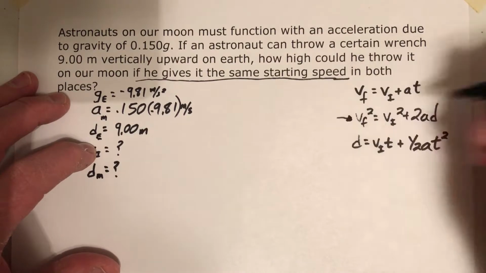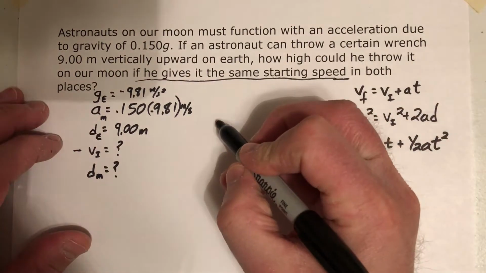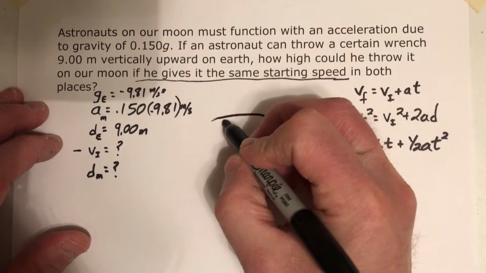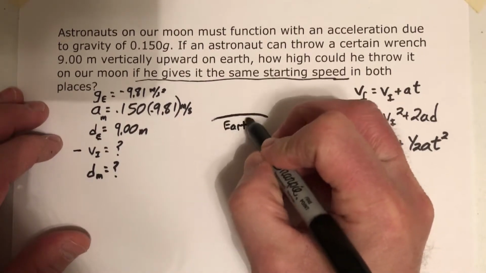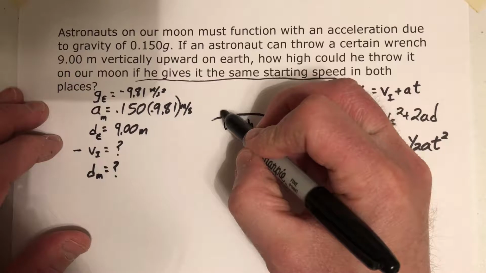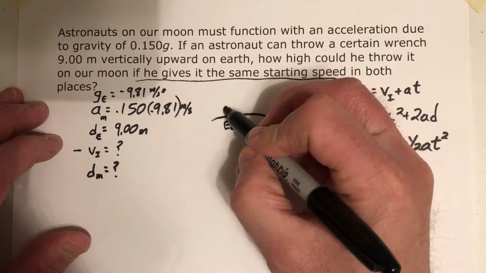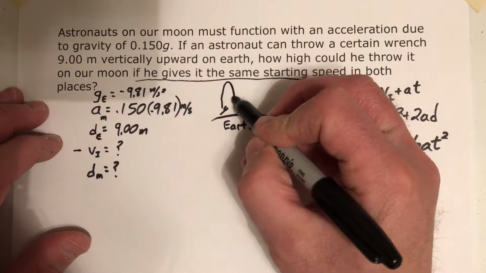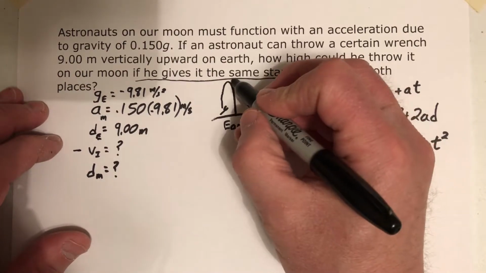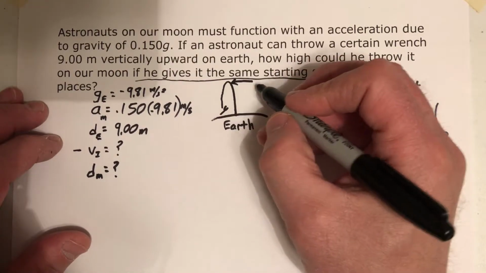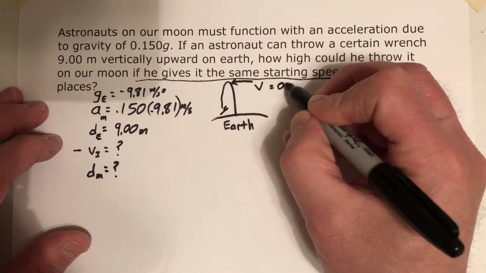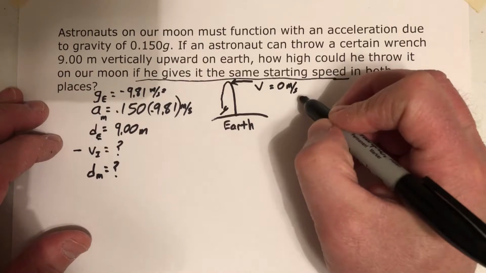And this is how I know I can use this one, because if I'm going to throw an object, in this case a wrench, here we are on the Earth, and here is my little wrench. If I throw it up, it's going to come up, and then it's going to come down. I know right up here at the top of its path that the velocity is 0 meters per second.